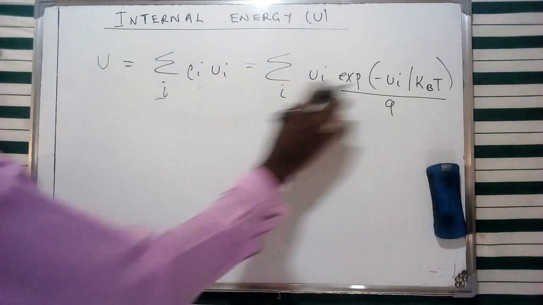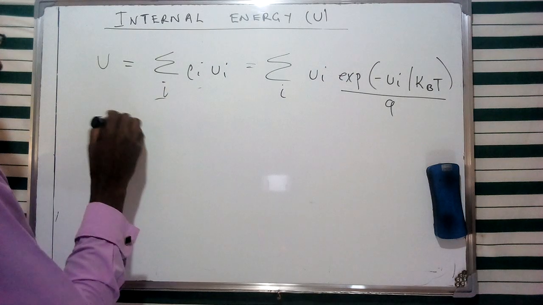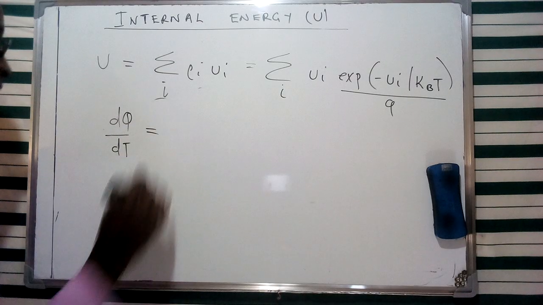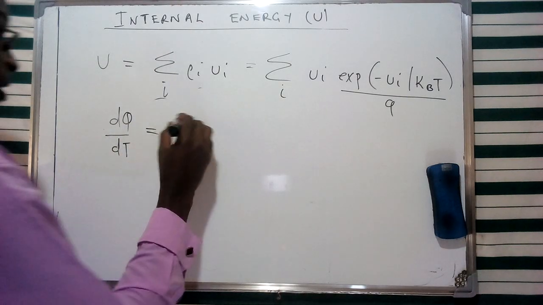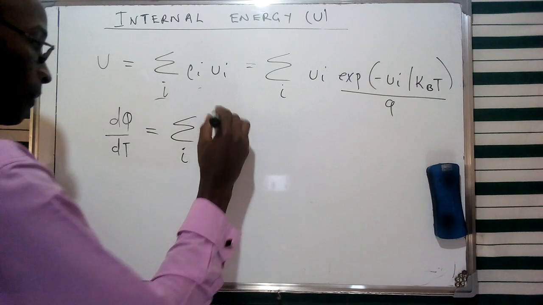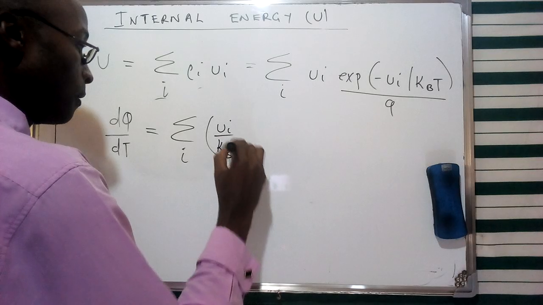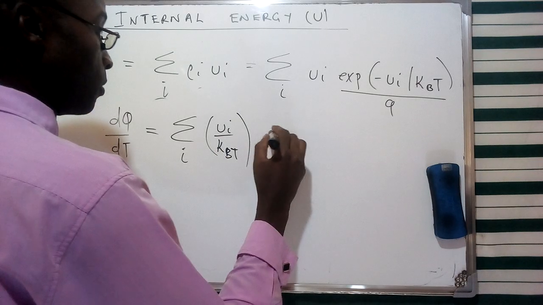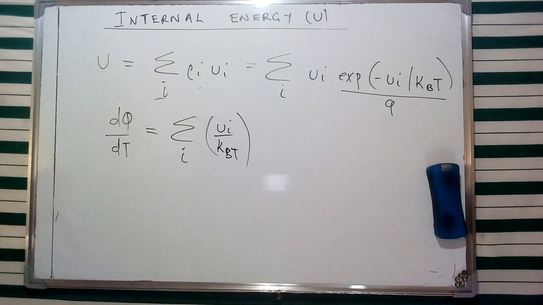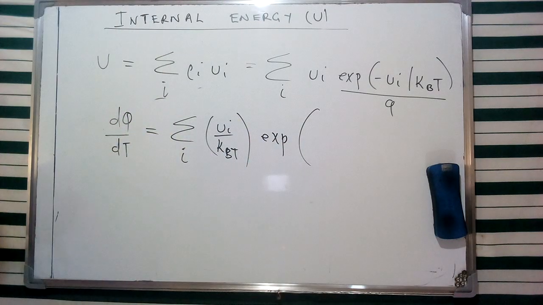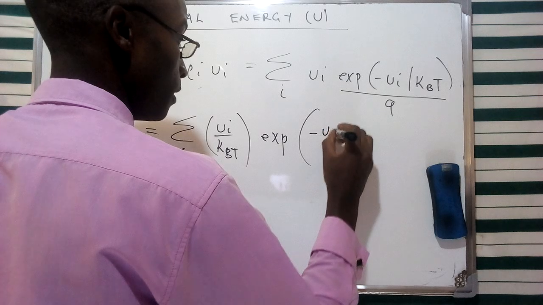The derivative of this expression with respect to temperature is given in terms of dQ/dT, and this is going to be given as the summation of i, ui over kBT, and then we're going to have this one as the exponent of this specific term. Of course, we're going to have this one just retaining its value as such.